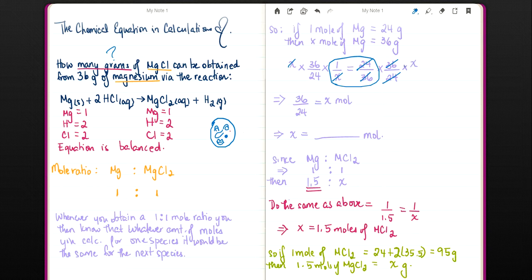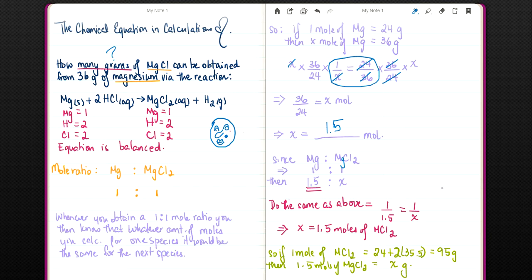And then you're left with x is equal to 36 over 24. 36 over 24 is equal to 1.5 mole, right? So therefore, if 1 mole of magnesium produces 1 mole of magnesium chloride, 1.5 moles of magnesium will be equal to x, and x is therefore equal to 1.5.